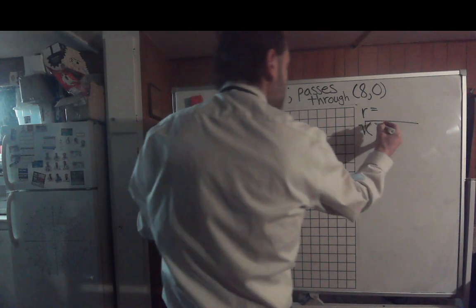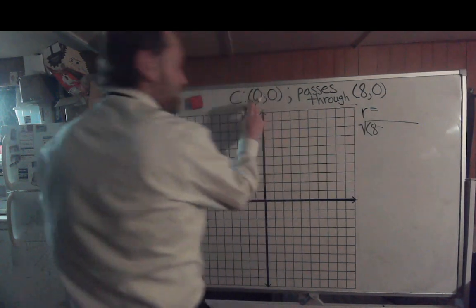That'll be the square root of your x2, which is 8, minus your x1 of 0 squared, plus your y2 of 0 minus your y1 of 0 squared. That's going to equal the square root of 8 squared plus 0 squared, which is the square root of 64, which equals 8. So you have a radius of 8.